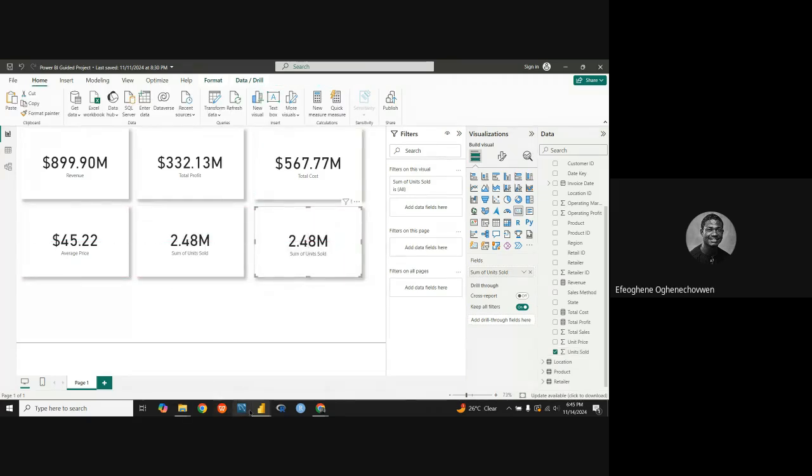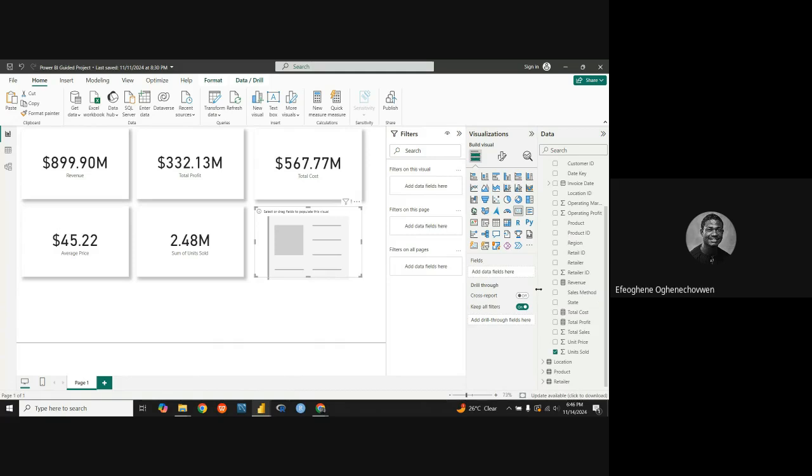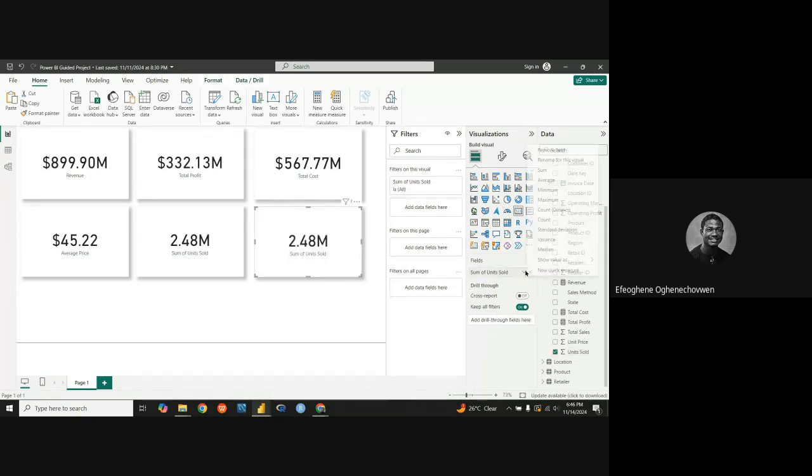Let's check what we want to do. So we've gotten unit, so we can do product count. Okay, so product count, get rid of this. Yes, units sold. I think so. Let's count distinct. No. Count.